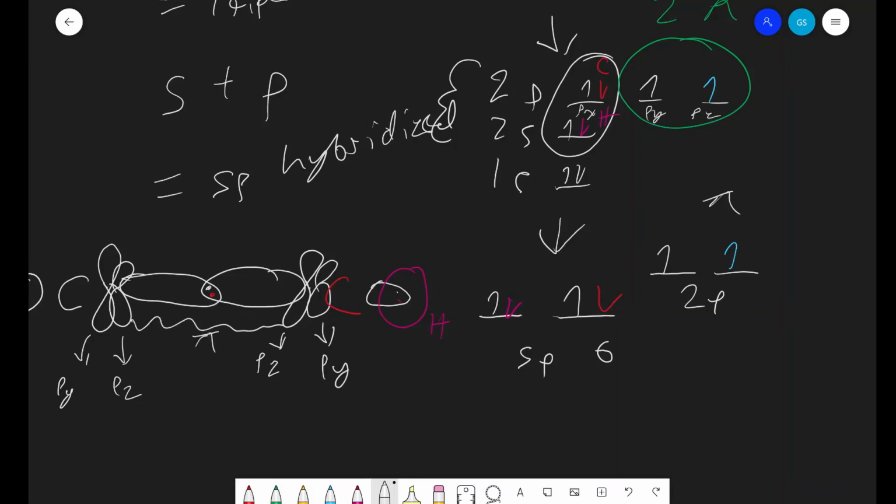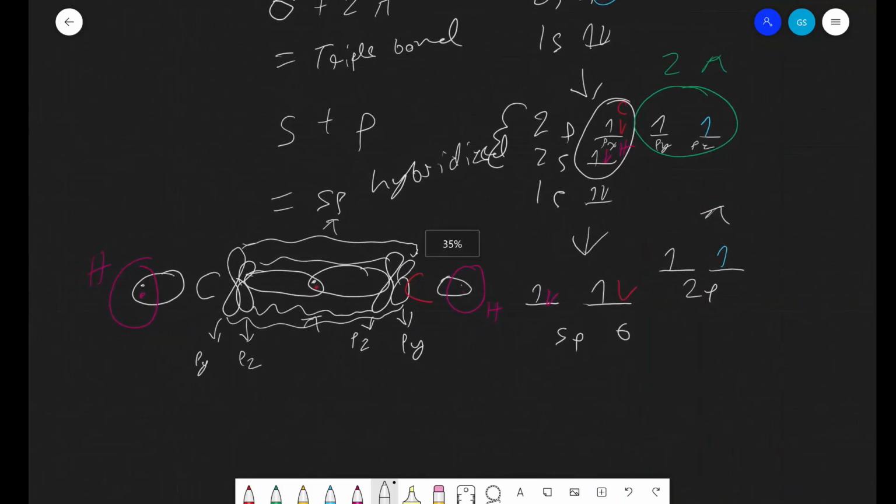That's one pi bond, that same level of interaction going up top. They're side to side overlapping. And then this py is interacting with this guy over here. That's a pi bond. And then this guy's interacting over here. So visually, this looks amazing. But that's really it. So I can just write this at the bottom, sp hybridized.